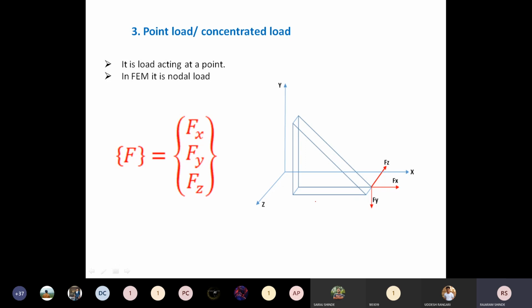Do you agree with this? If we go for the shear load, it is a surface force. If we go for the axial load or the lateral load, it may be a pressure load or it may be a point load. Axial load is a point load. Do you agree with this?